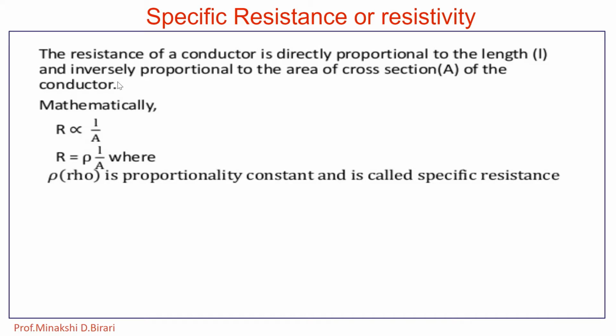So the resistance R of any conductor having a uniform cross-sectional area is found to be directly proportional to its length and inversely proportional to the area of cross-section, which is represented by A. So mathematically, resistance R is directly proportional to L upon A, or R is equal to rho into L upon A, where this rho is the proportionality constant and is called specific resistance.